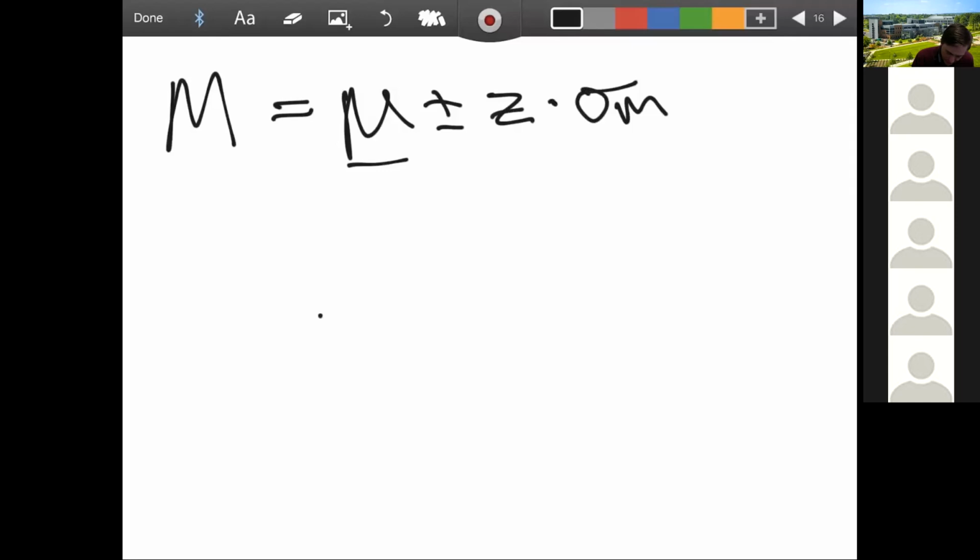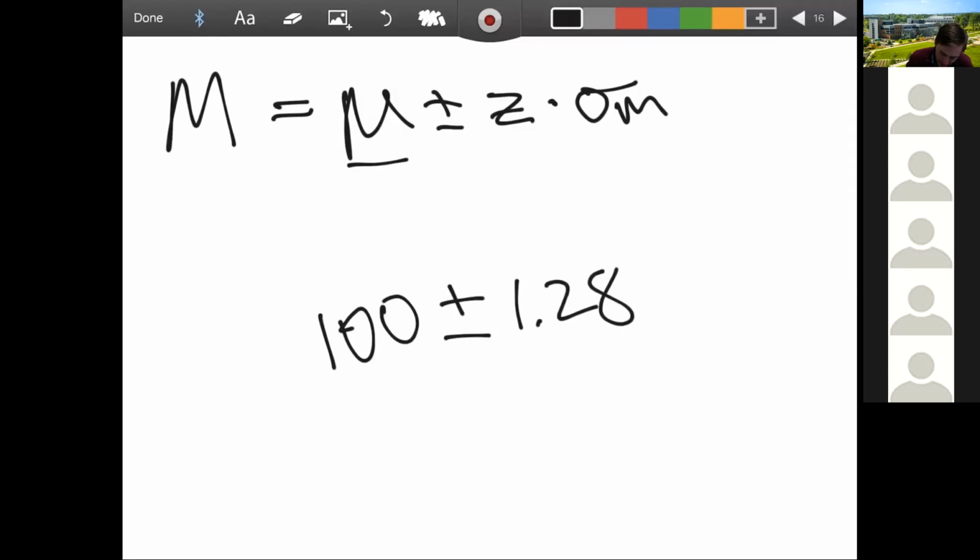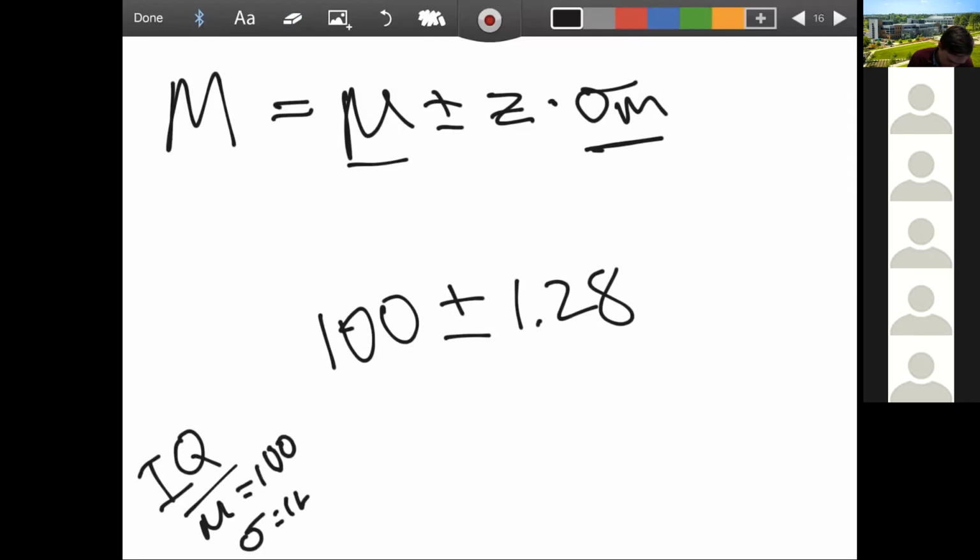Population mean of 100, and let's say it's the top 10% again, because we know that corresponds to a z-score of 1.28. Then you have to find the standard error. For IQ, the mean is 100 and the standard deviation is 15, so you plug into this equation.